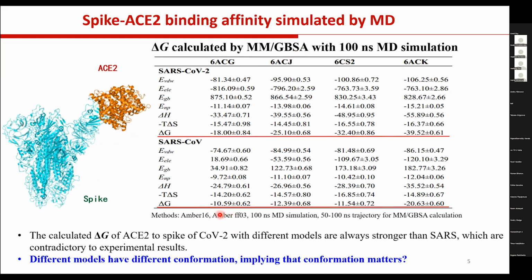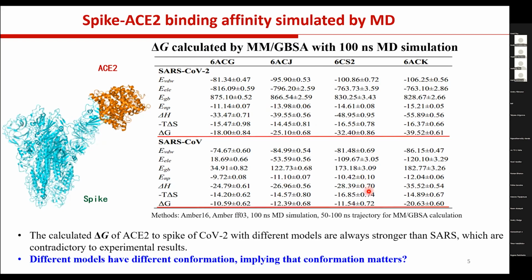Then we ran MD simulation and predicted the binding free energy. We can see that in each model the predicted binding free energy of SARS-2 is stronger than SARS, but different models have different values.